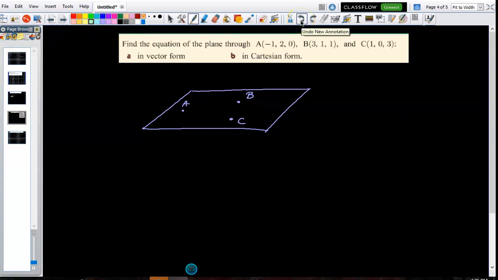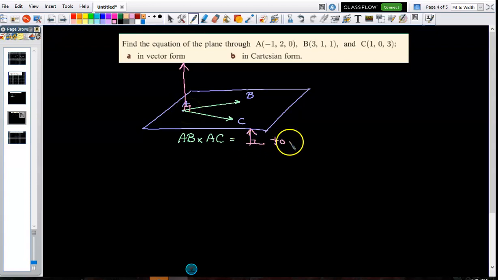Well, that's when we do the cross product. So we can find AB and we can find AC. When you work out AB cross AC, that is going to give you this vector here, which is perpendicular to AB and AC.